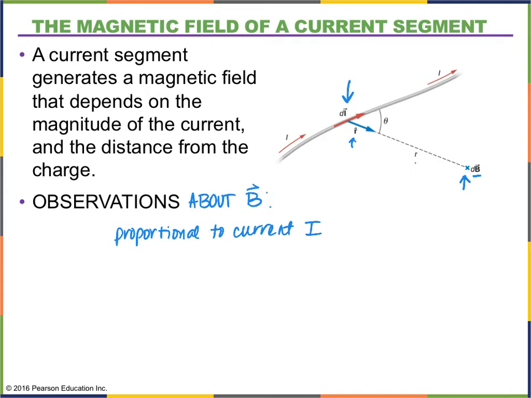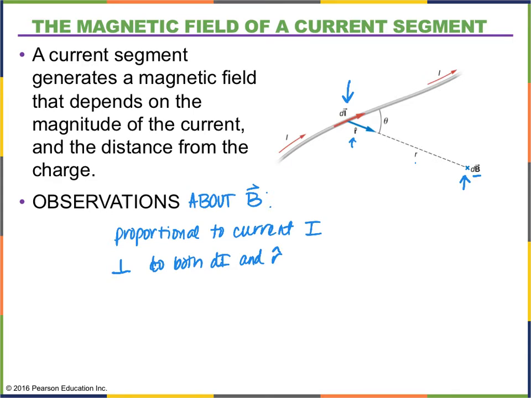When we put our thumb in the direction of the current, our fingers on that side of the wire would point into the page. So if you think about it, the little vector that represents the current, dI, and the little unit vector r hat that points towards the location where we want to find the magnetic field, it turns out that the magnetic field at that location is perpendicular to both dI and the unit vector.